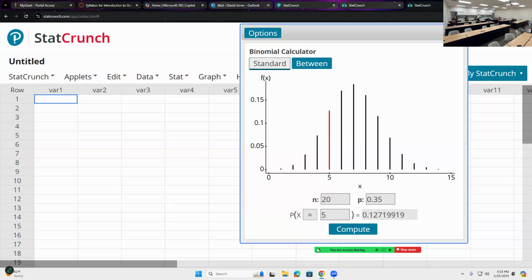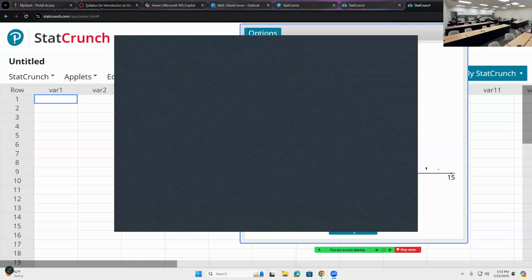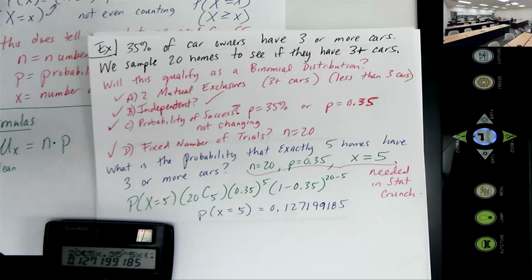Alright, I'm going to go back to this and we're going to look at some more. Man, I got a text from the school right now, we got an evacuation over there. I just got the same thing. It says evacuate the premises immediately.